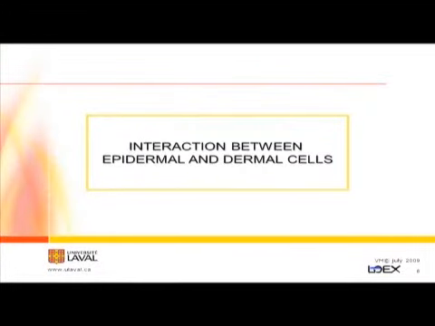First, we were interested in the interaction between epidermal and dermal cells. To understand it, we used a self-assembly model, a new model that we developed in our lab. It is a tissue engineering approach. Briefly, dermal cells were cultured with ascorbate, and they made their own matrix, as in vivo.